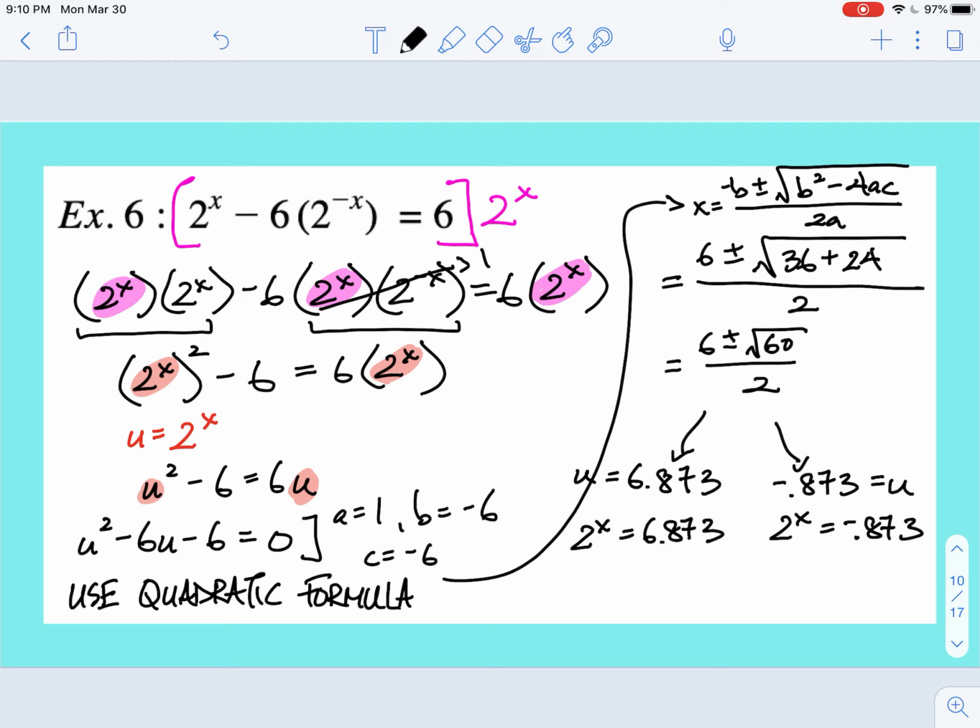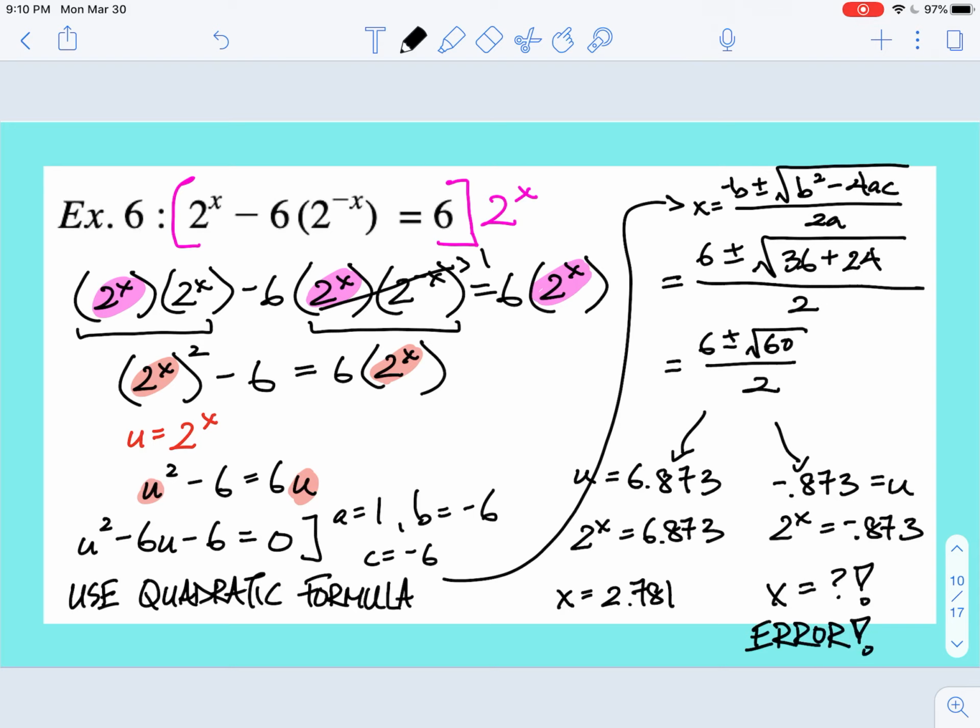And when I do that, I can solve it just like a regular log equation. Go back to example 1 or example 2, and you should get that this one is going to be 2.781, and this one, when you try to type that into your calculator, you should get an error. It should tell you that it's undefined.